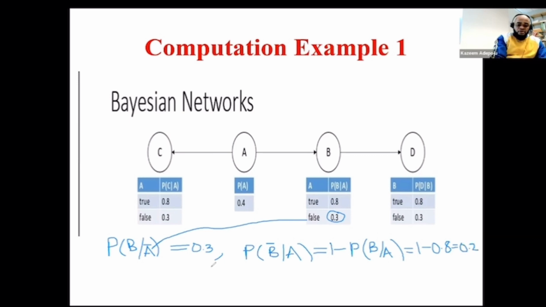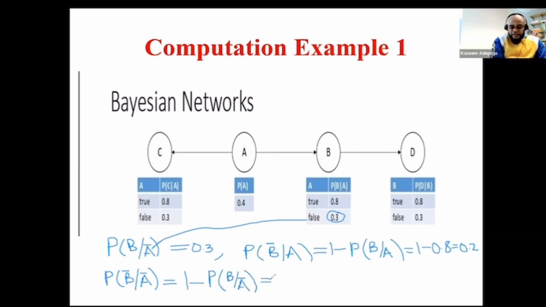Another question may be, what if you want to find the probability of B complement given A complement? Of course, you're going to use the complementary law again: the complement of B given A complement.